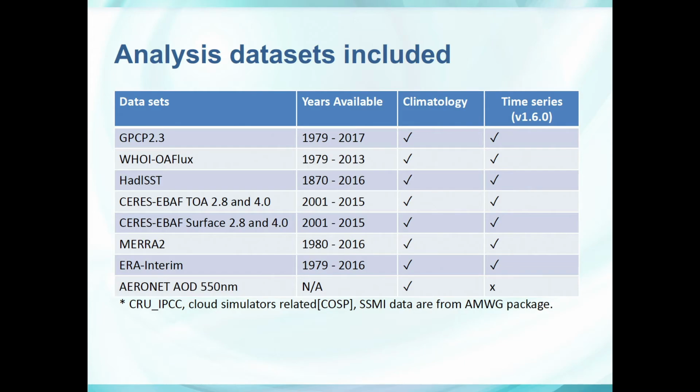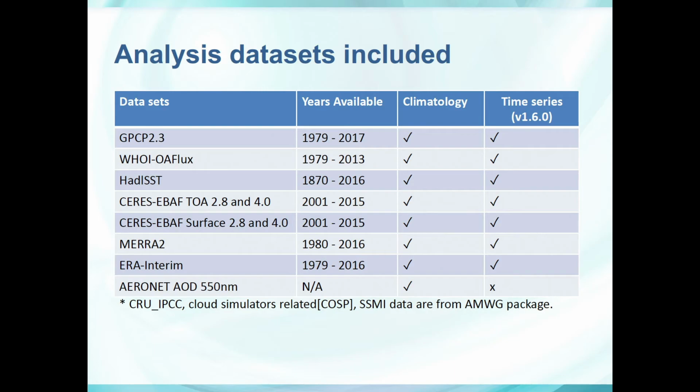For analysis data development, starting with version 1.6.0, we will include newly produced time series data in addition to the CLIMO files, and support the diagnostics using files with multiple years. The figure lists the datasets and years available for each data.